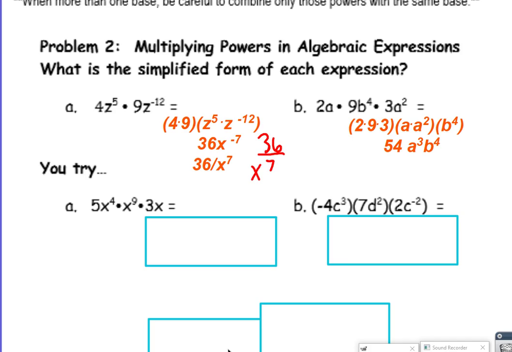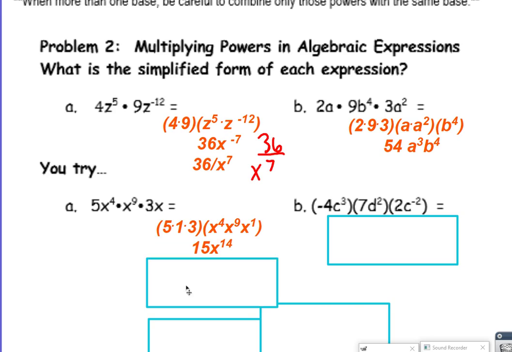You do the U-try. Pause the video. Here are the answers to the U-try. Letter A, you should have gotten 5 times 1 times 3, and then your x's, you're going to add your exponents, x to the fourth times x to the ninth times x to the first, to get 15x to the 14th.